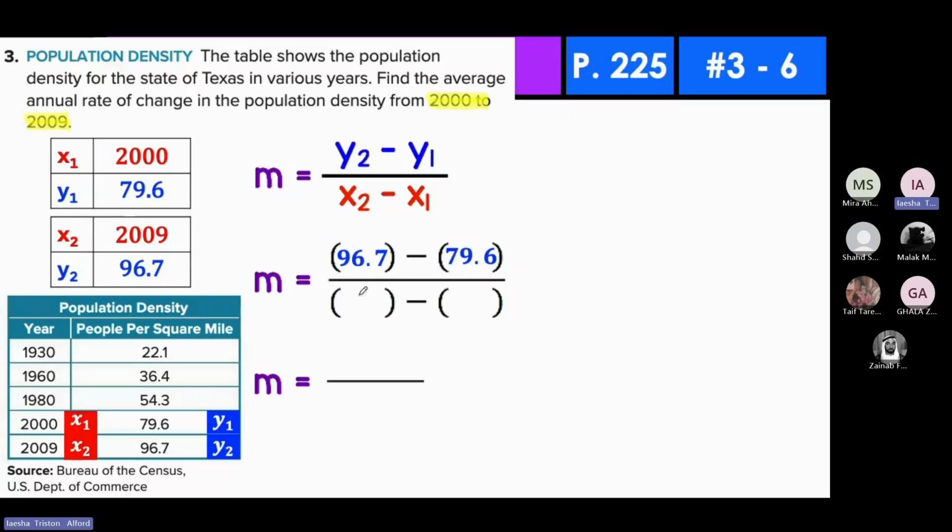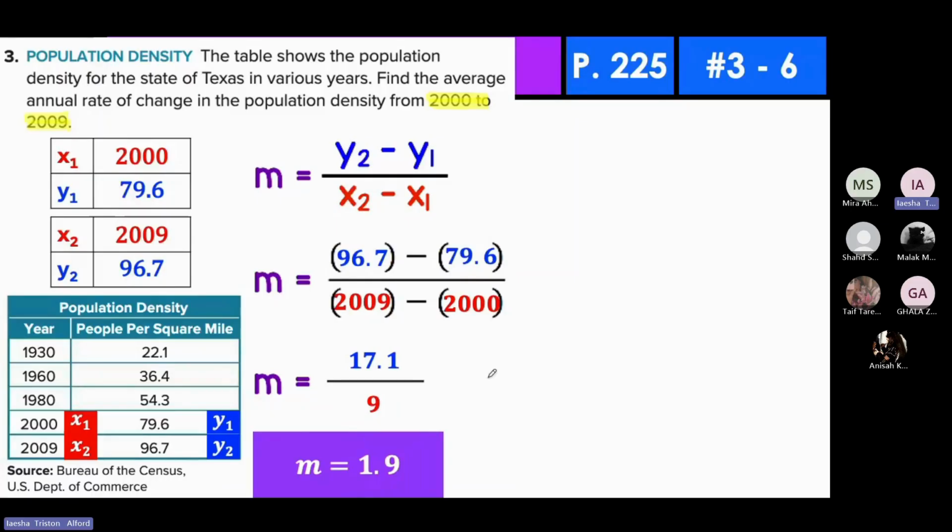What number is x2? 2009. What number is x1? 2000. Same as we did before, take the numbers in the top and subtract. You get 17.1. Take the numbers in the bottom and subtract. You get positive 9. Divide. You get the slope is equal to 1.9.